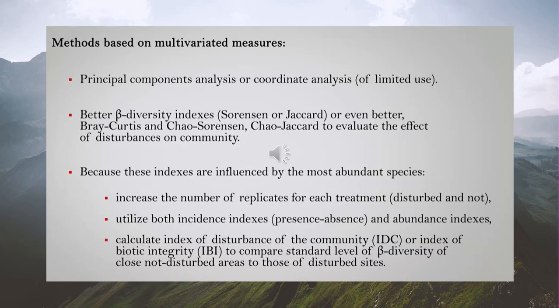Also, it's possible to calculate an index of disturbance of the community, or what we call the IDC, or the index of biotic integrity, that is called the IBI. Now, to compare standard levels of biodiversity of close, not so disturbed areas, in comparison to those of the disturbed areas, we can make a comparison to understand how big the impact on the biodiversity of the community is.